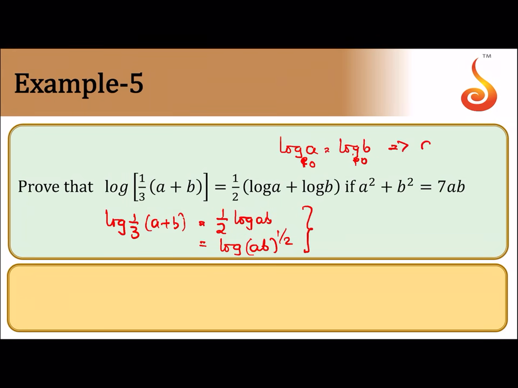Log a equal to log b, suppose base e or base 10, whichever is convenient, you are familiar, this implies a equal to b. So if we see this one, we get (a plus b) by 3 is equal to ab to the power 1 by 2. Or a plus b equal to 3 times ab to the power 1 by 2.